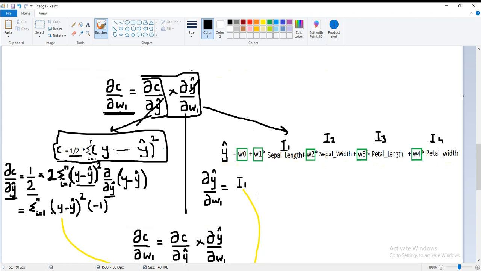This will be simplified, the 2 is gone now, and we are left with summation of 1 to n, y minus y pred or y hat, multiplied by minus 1. Now where is this minus 1 coming from? When we are taking a partial derivative, everything is considered a constant except the variable with respect to which we are calculating the partial derivative.